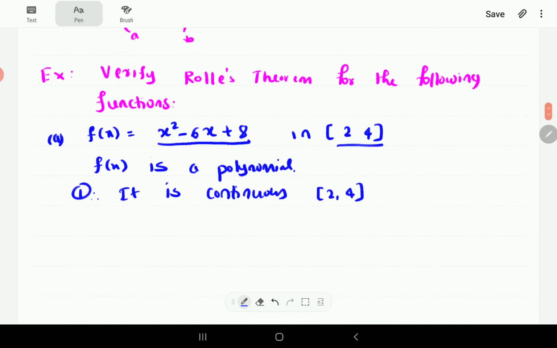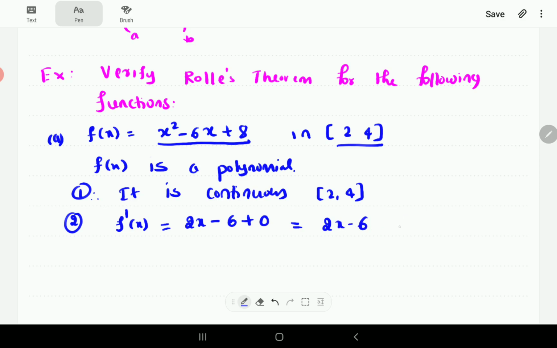The second condition is that we should check that it is differentiable. Let me take f dash of x. x square minus 6x plus 8 is our function. The derivative of x square is 2x, the derivative of 6x is 6, and the derivative of the constant is 0. So it is simply 2x minus 6.